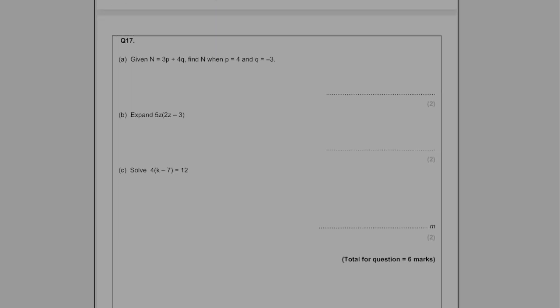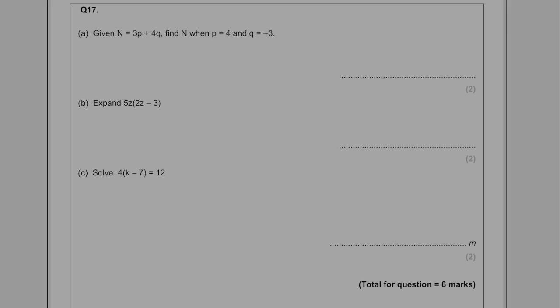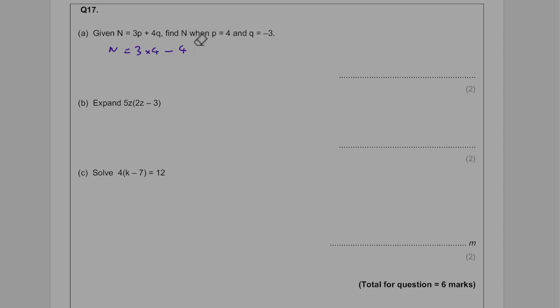Right, question 17. Given that n is equal to 3p plus 4q, find n when p is equal to 4 and q is equal to minus 3. So again, a bit of substitution here. Let's make it a little bit bigger. So n is going to be equal to 3 lots of p, so 3 times 4, plus 4 lots of q. And whenever I substitute a negative number, I like to put it into a bracket.